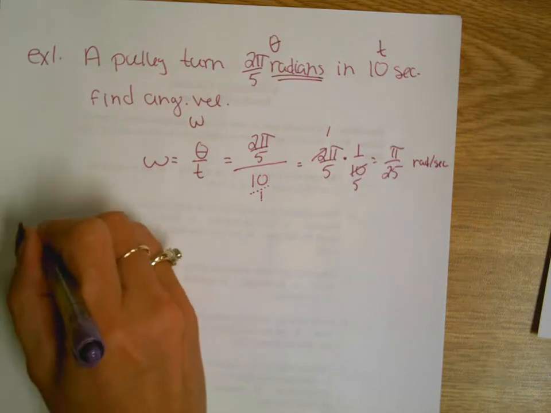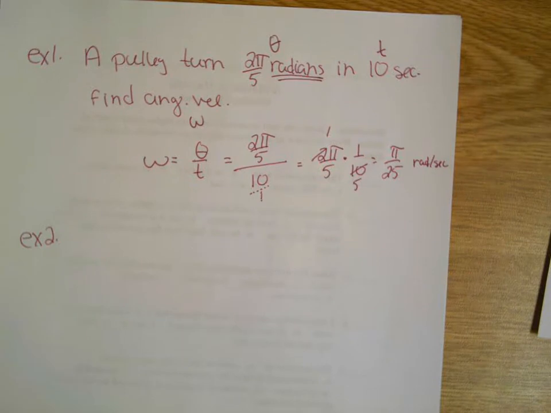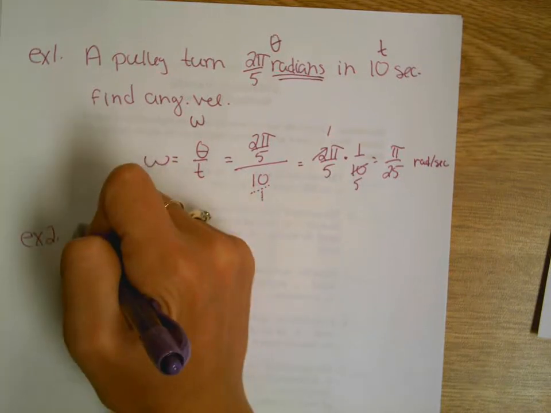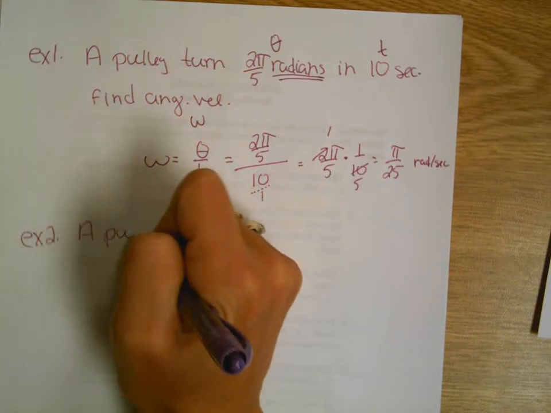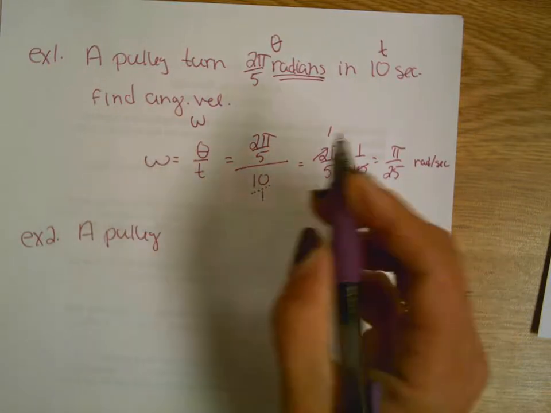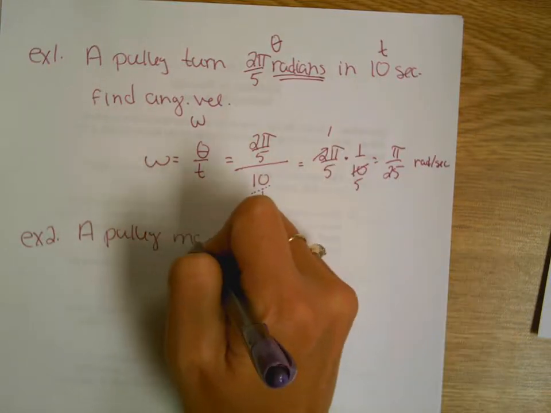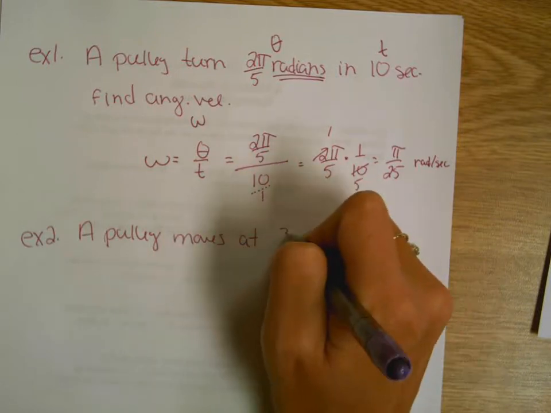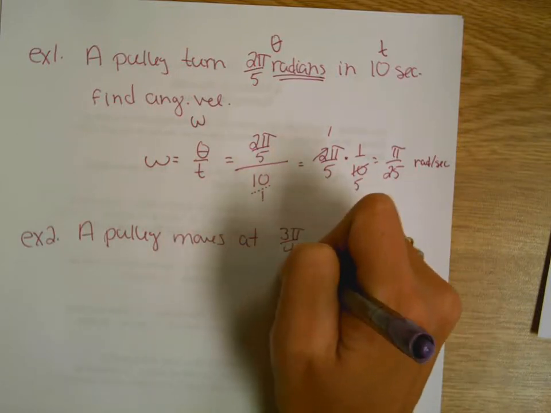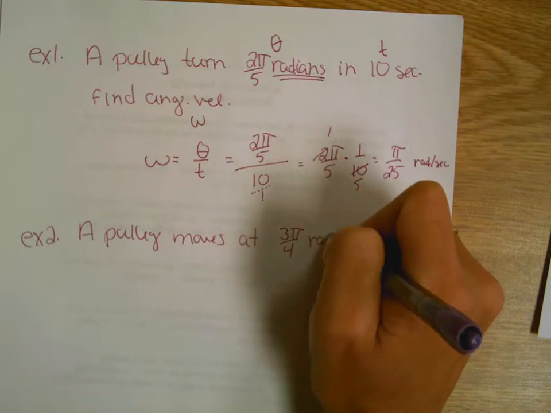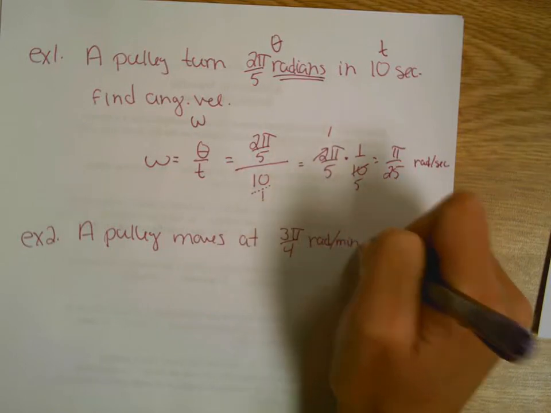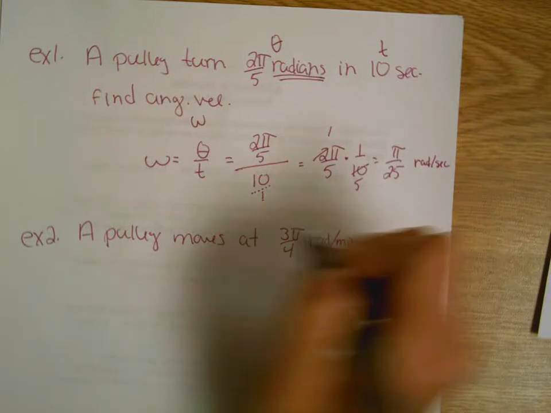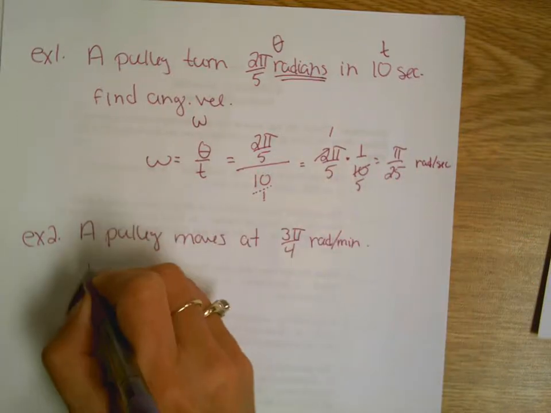Okay, number 2. Got our pulley again. Moves at 3 pi over 4 radians per minute. It travels for 6 minutes.